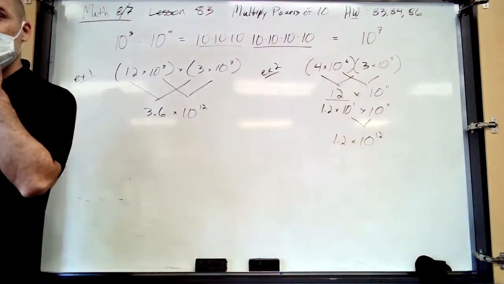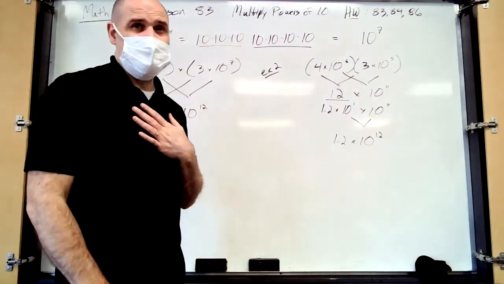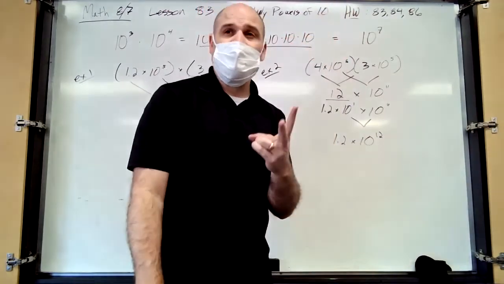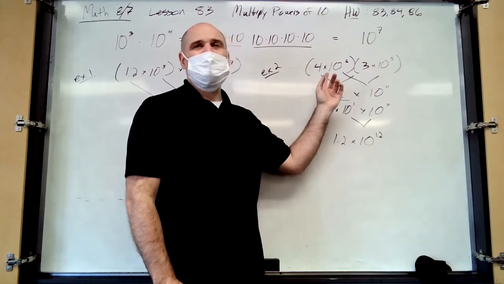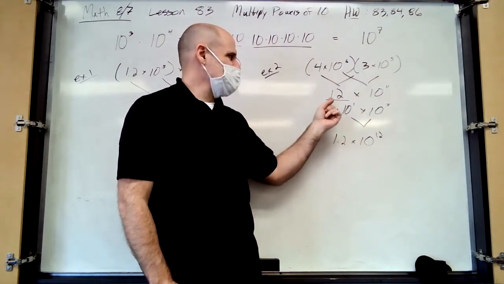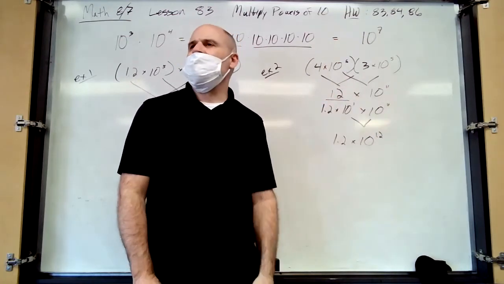Wow, really? Okay. Now, some of you, not me, because I have a little bit of dyslexia and dysgraphia, will be able to do this whole thing and get to right here right away, because you'll see this 12 times 10 to the 11th and think, oh, this needs another power of 10, so that's 10 to the 12th.